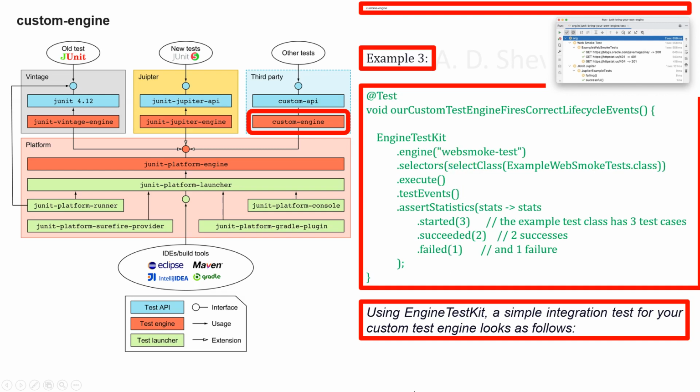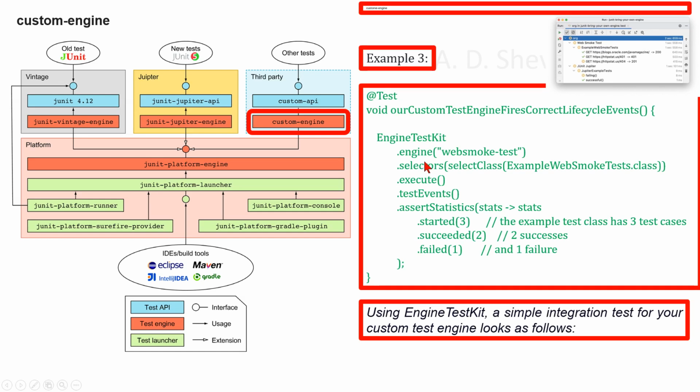Here the engine method creates an execution of EngineTestKit.engine for the test engine with the supplied ID. The test engine will be loaded via the Java service loader mechanism, analogous to the manner in which test engines are loaded in the JUnit platform launcher API.